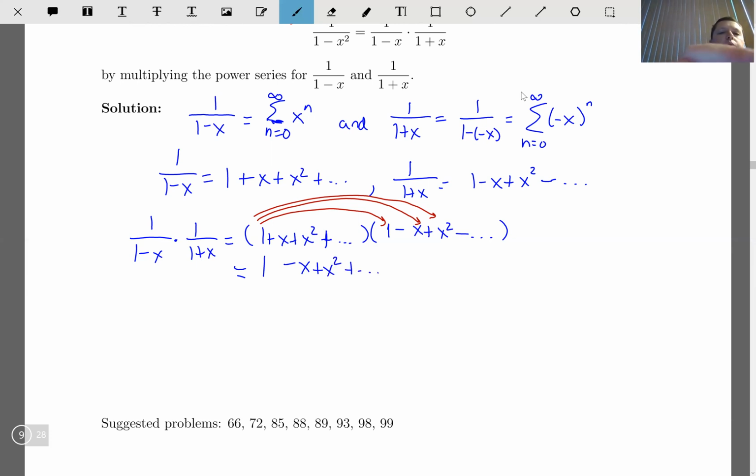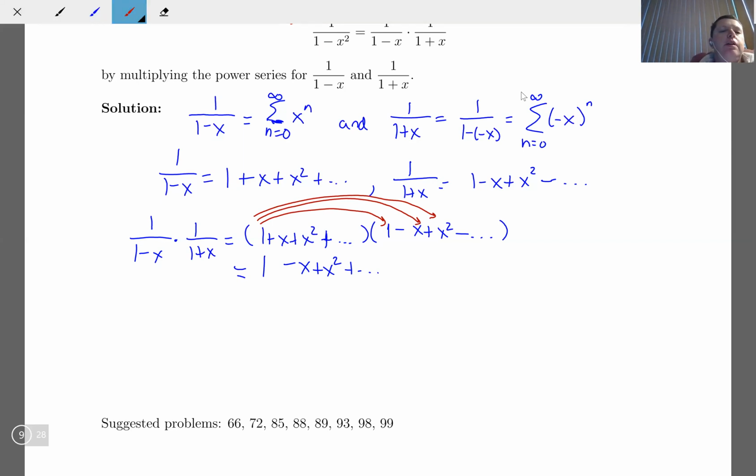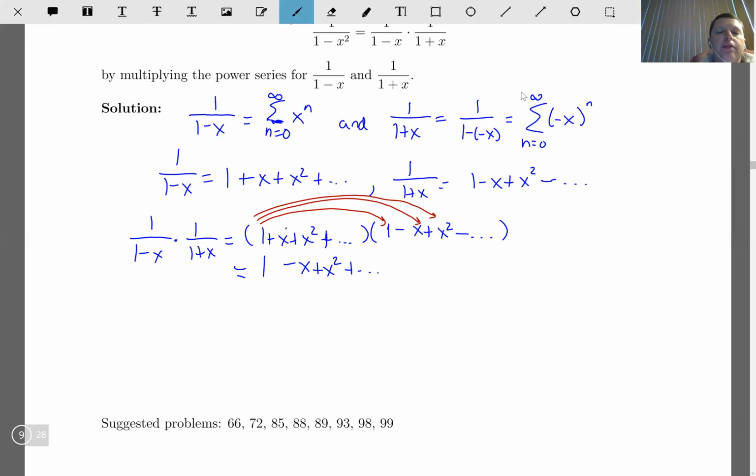And then we'll do minus x. So let's do a different color just so we don't get confused. So we have minus x times 1, minus x times x, minus x times x squared. And so that's going to give us a plus x minus x squared plus x cubed minus dot dot dot.